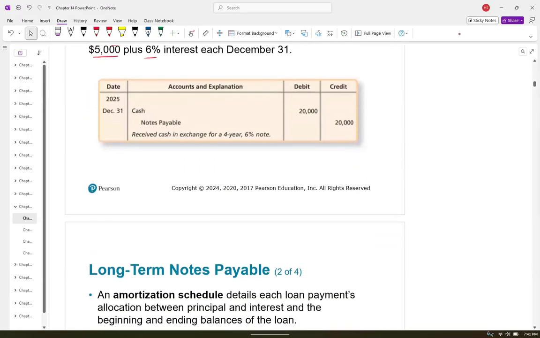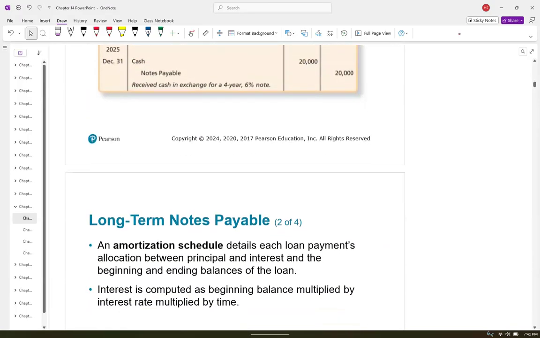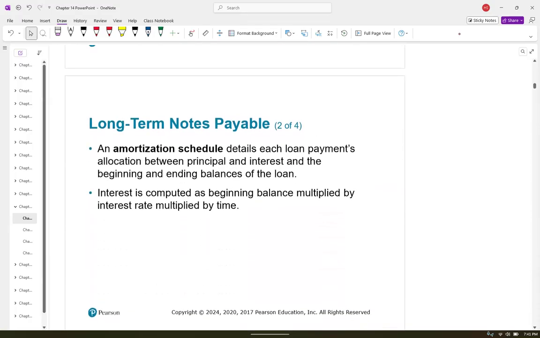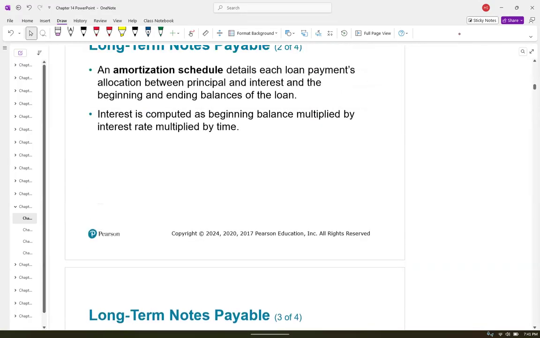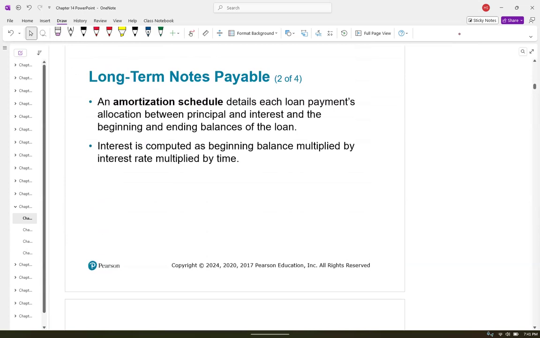Then they're going to give us an amortization schedule, and let's just jump down to it. If you have bought a house or a car, sometimes they'll give you an amortization schedule and it will list out all of the payments that you have to make. A lot of times they'll add up all your payments.